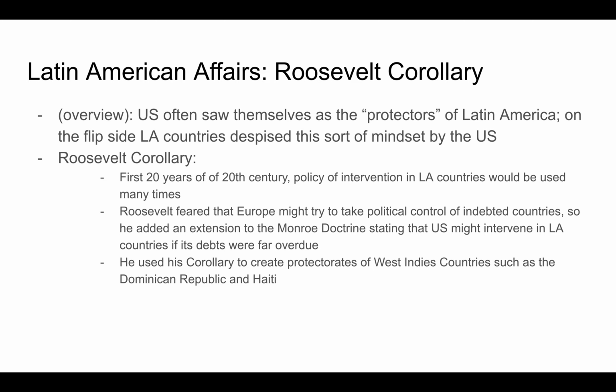Roosevelt feared that Europe might try to take political control of indebted countries, so he added an extension to the Monroe Doctrine stating that the U.S. might intervene in Latin American countries if its debts were super far overdue. He used his corollary to create protectorates of West Indies countries such as the Dominican Republic and Haiti.